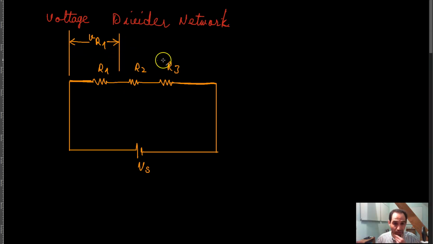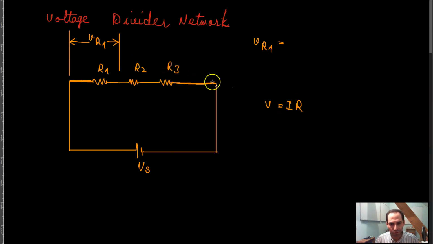The voltage drop across R1, using Ohm's law, V of R1 is equal to the current going through the circuit, essentially V is equal to IR for the whole circuit.